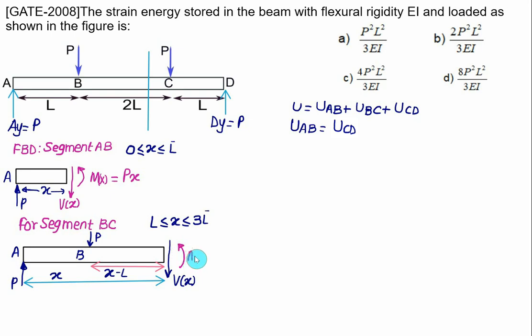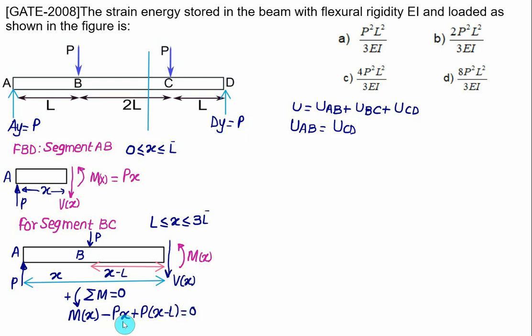One moment we'll show in an anti-clockwise sense, that is the internal reaction equal to M of X, and this value of M of X we can find out by applying the summation of moment equal to 0, and we'll take anti-clockwise positive. The moment of P into X is clockwise, so it is negative, minus P into X. The moment of this other P will be anti-clockwise, positive, P into (X minus L), equal to 0.